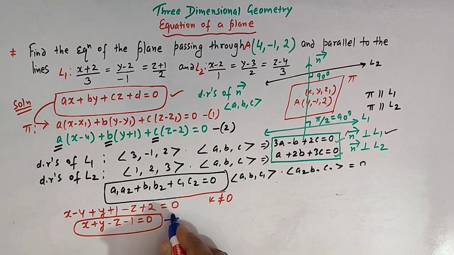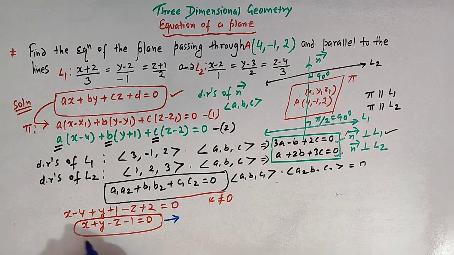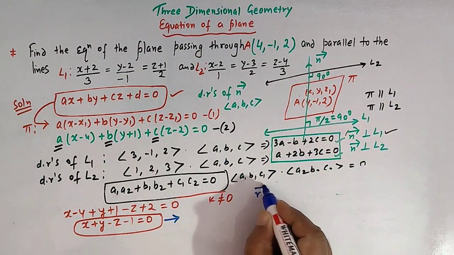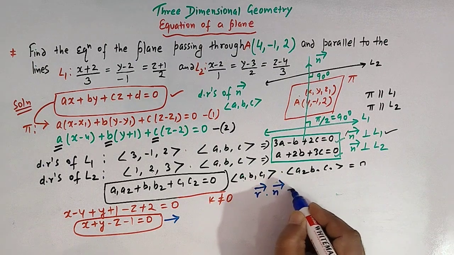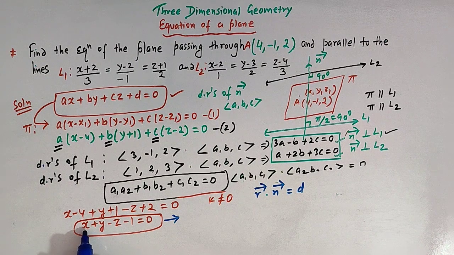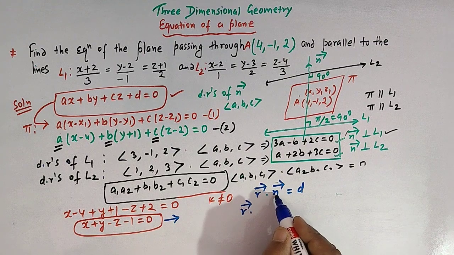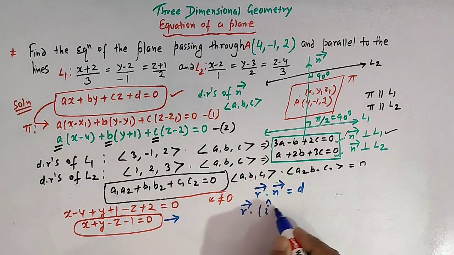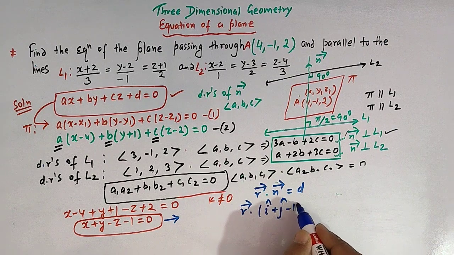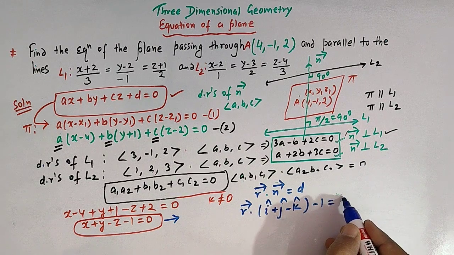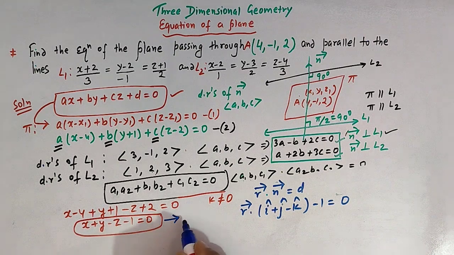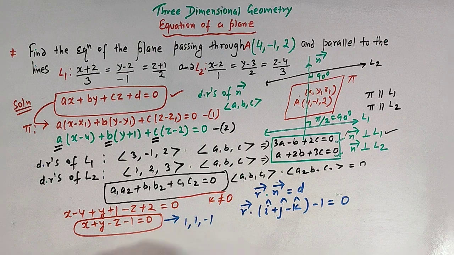Now we can also express this Cartesian equation in vector form, right? So we can now write the equation of this plane pi in vector form as vector r dot vector n is equal to d. So here we can write vector r dot, and for vector n we have i cap plus j cap minus k cap, and here we have minus 1 is equal to 0, because the coefficients of x, y and z are 1, 1 and minus 1, right?